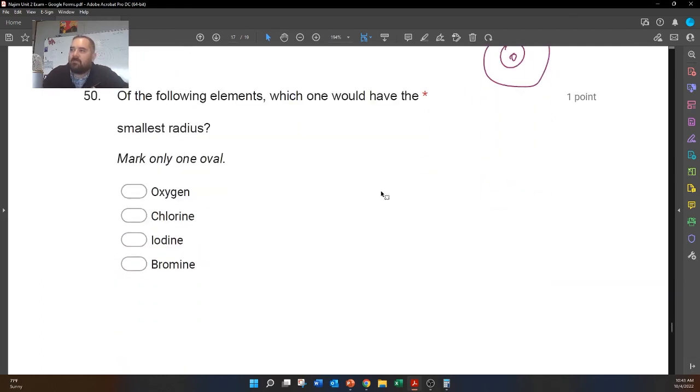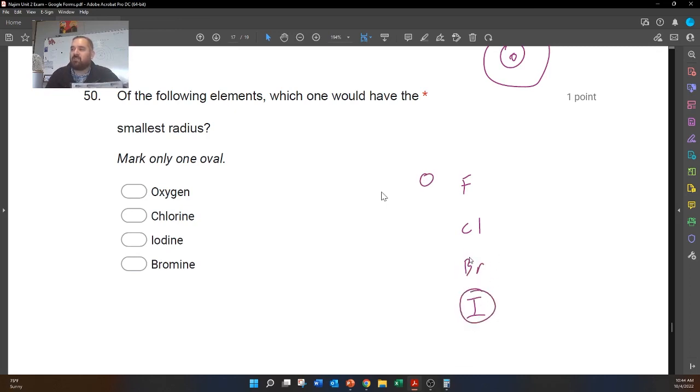Of the following elements, which one has the smallest radius? It's going to be the one closest to fluorine. So let me look at my periodic table. So we have fluorine, chlorine, and then oxygen. And iodine is under bromine, so bromine and then iodine. So which one has the smallest radius? This one has the largest radius.